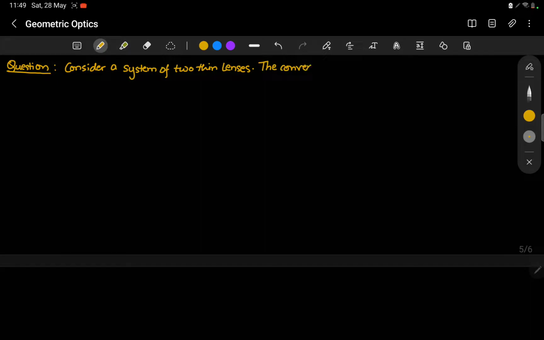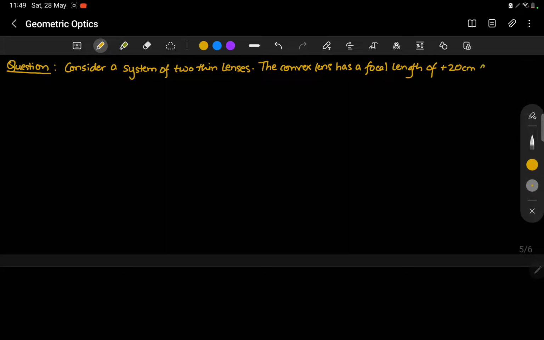The convex lens has a focal length of 20 centimeters and the concave lens has a focal length of minus 10 centimeters. So this is according to the sign convention that we have seen before.